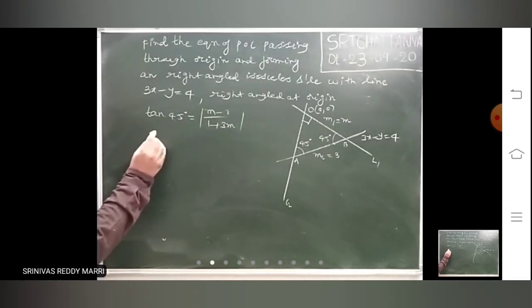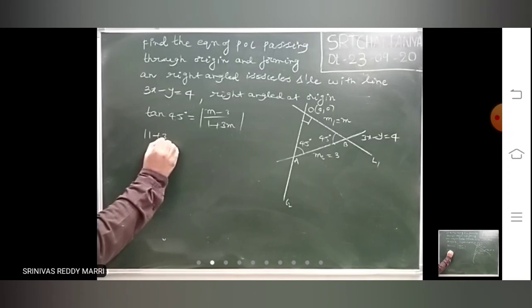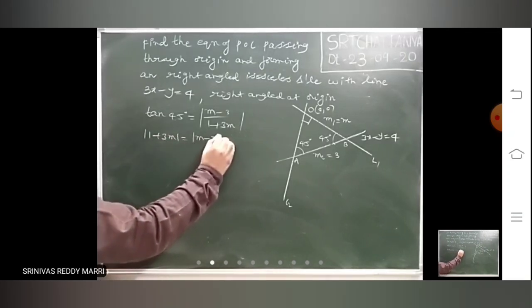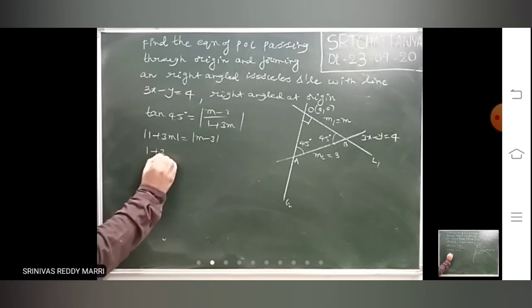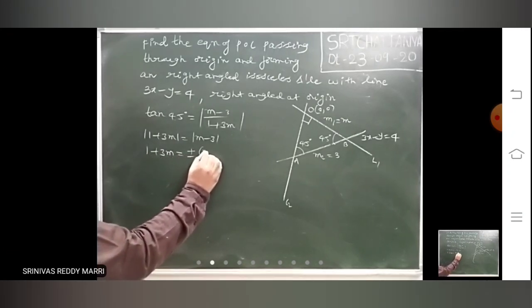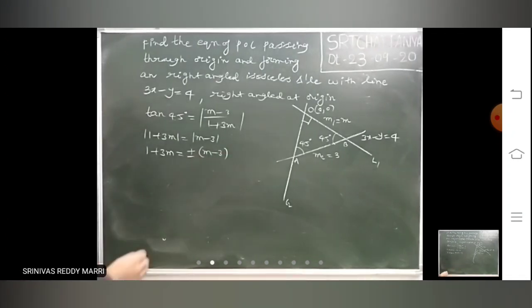So this is 1 equals modulus of (m minus 3) divided by (1 plus 3m). That means 1 plus 3m equals plus or minus (m minus 3).